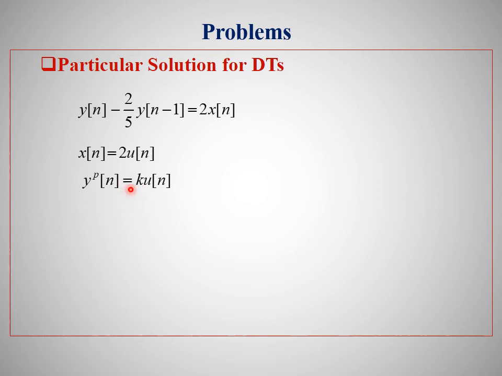Substituting this, we get k minus 2 by 5 k equal to 2 into x of n, which is going to be 4. Thus, k is equal to 20 by 3 and yp of n is 20 by 3 into u of n.